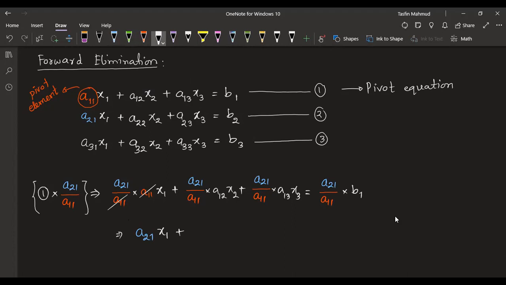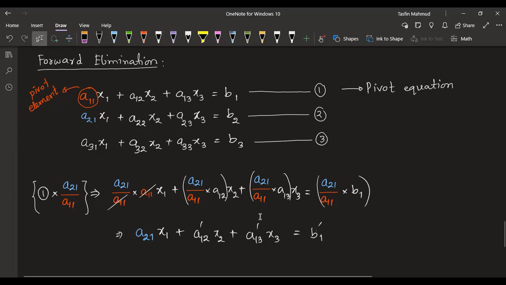Let's consider this coefficient and name it a12 prime, a12 prime x2. Then consider this coefficient and name it a13 prime x3, and consider this coefficient as b1 prime.